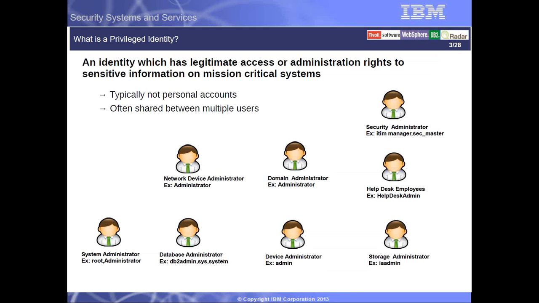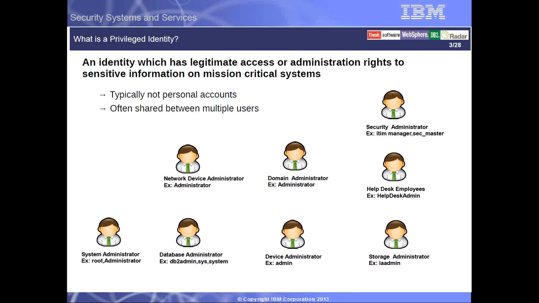So, what is a privileged identity? Most of us know that, just to set the context, it is an identity which has legitimate access or administration rights to sensitive information on mission-critical systems. These are not necessarily personal accounts or what we call individual accounts.